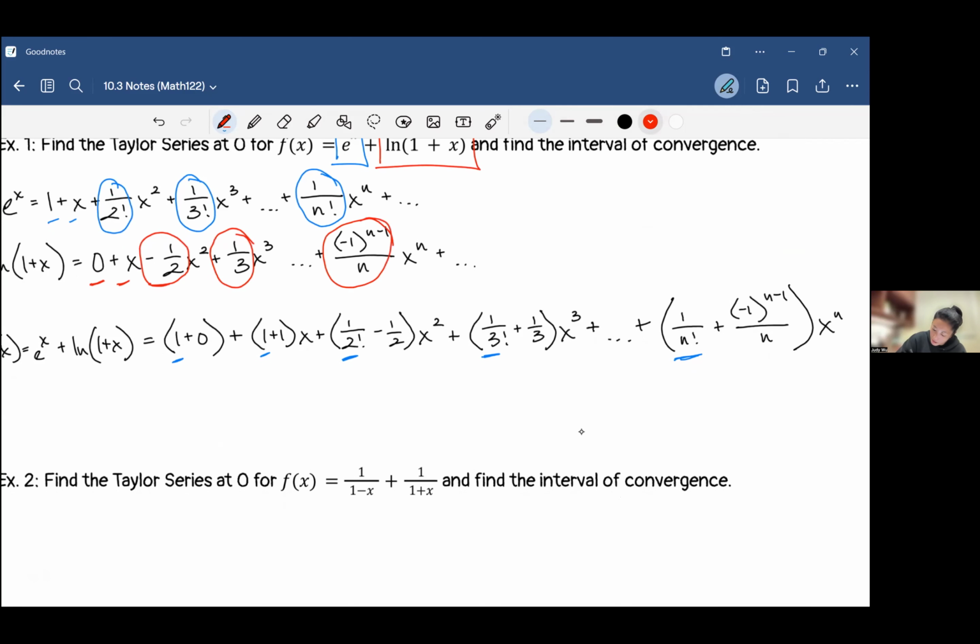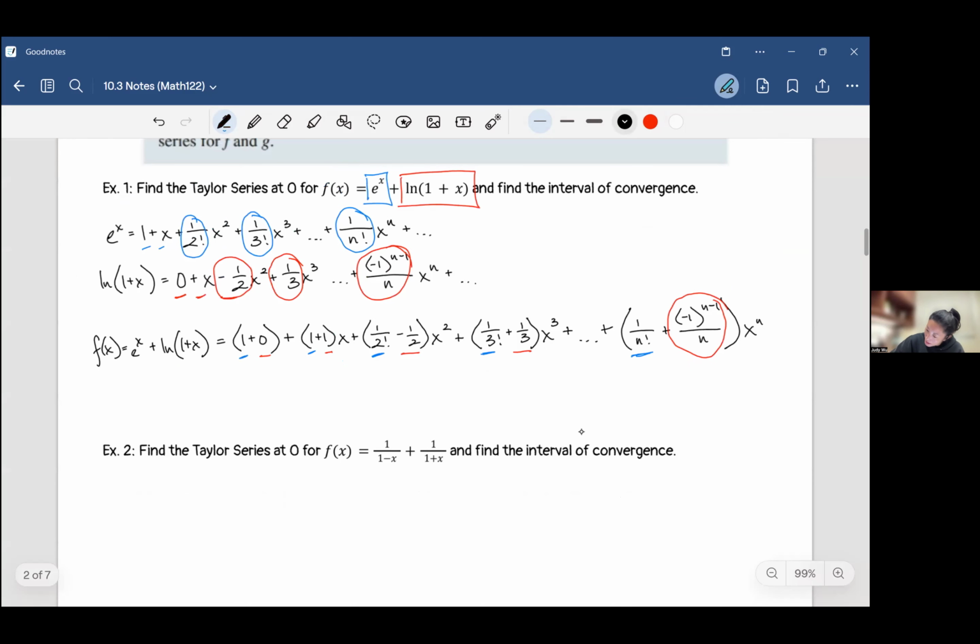And that's where the 0, the 1, and minus 1/2, the plus 1/3, and ultimately this comes from. Now we do want to add a plus dot dot dot because it keeps going forever. But let's clean this up a little bit, okay?